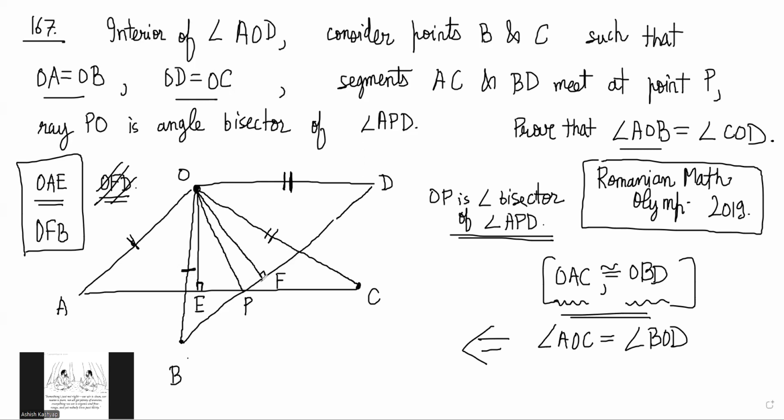Do you see that both of them are right angle triangles? Both are right angle, both have a common side, correct? And what else can we say? We need one more factor, sir.